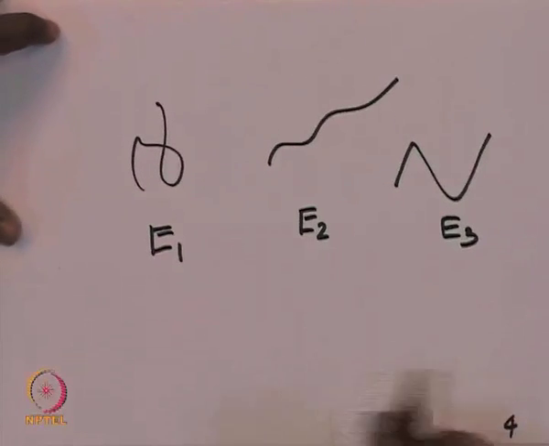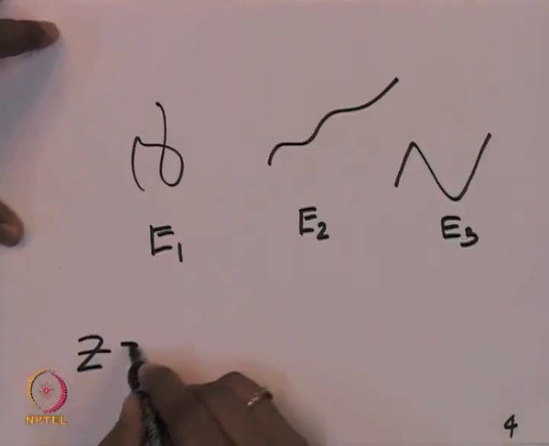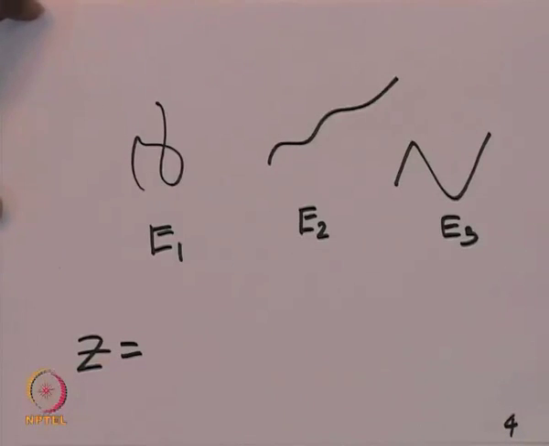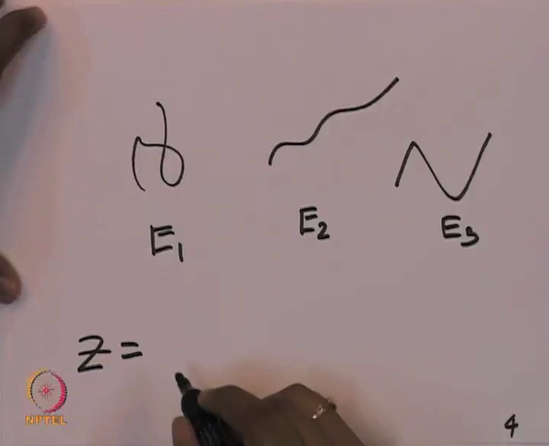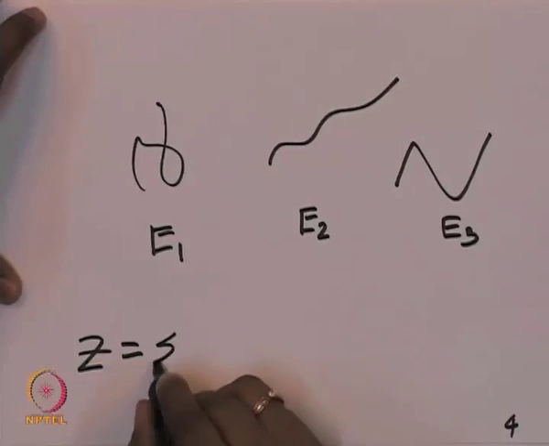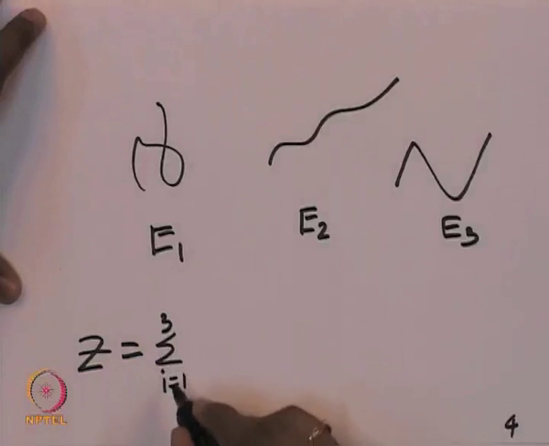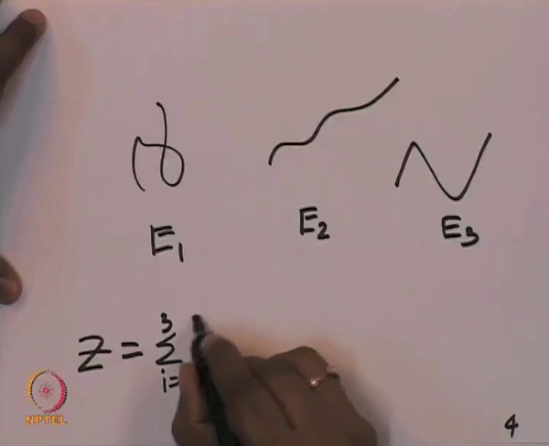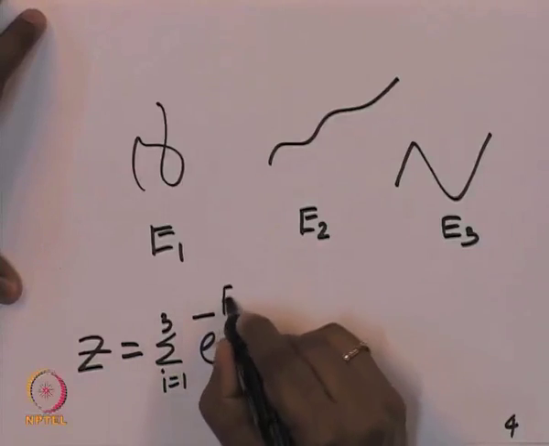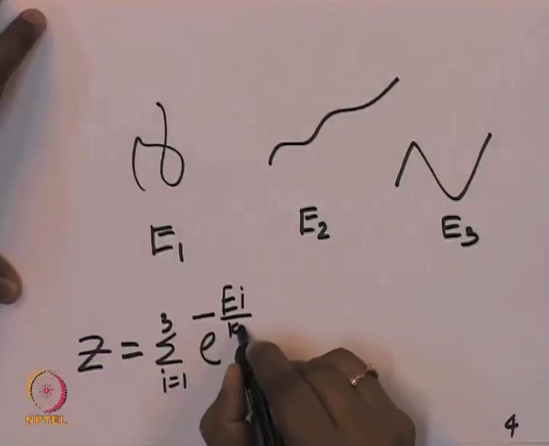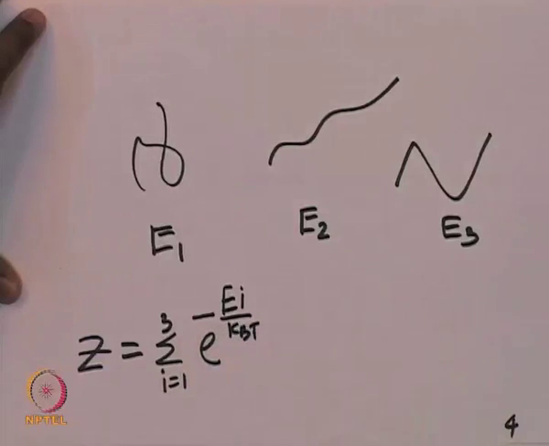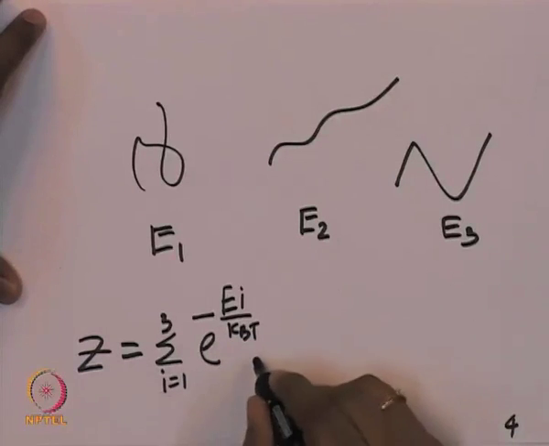Then the partition function Z is given by the sum over i from 1 to 3, since there are 3 states, of e to the power minus Ei by kBT. This is the definition of the partition function.